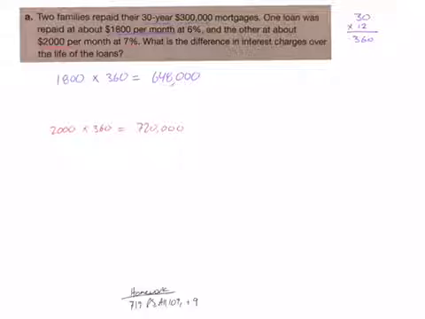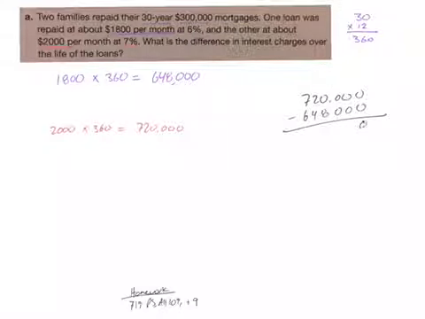But it says, what is the difference in the interest charges over the life of the loan? So what's the difference? So I'm going to say 720,000 subtract 648,000. 0, 0, 0. 0 minus 8, it's going to be 1, 10, 2.